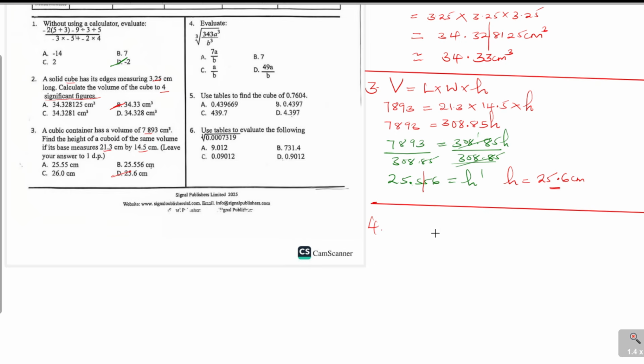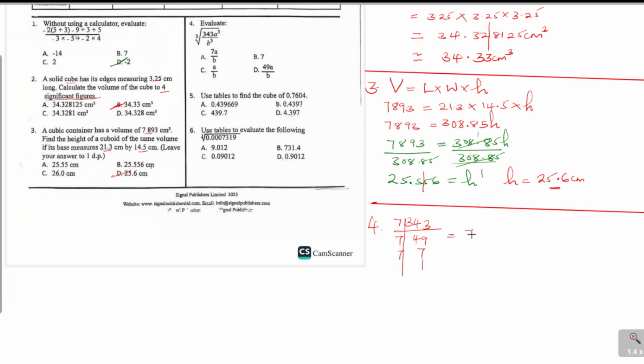We shall simplify 343 and write it in power form. If you divide 343 by 7, you get 49. 49 divided by 7 gives 7, and 7 divided by 7 gives 1.